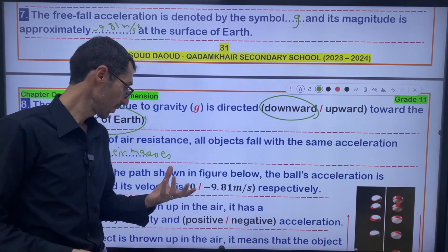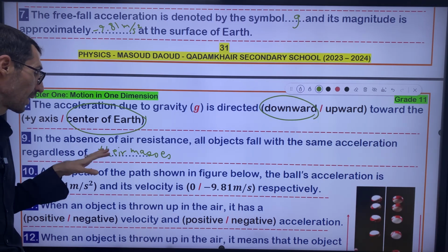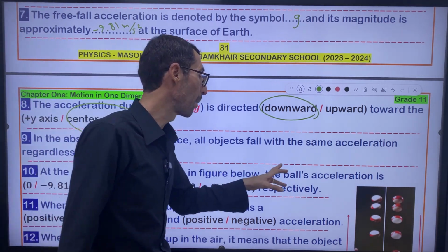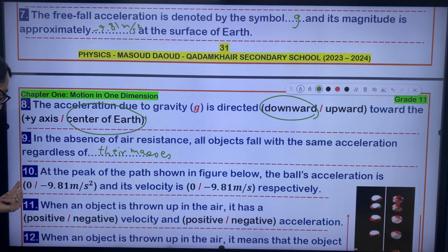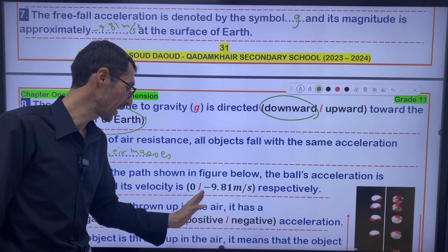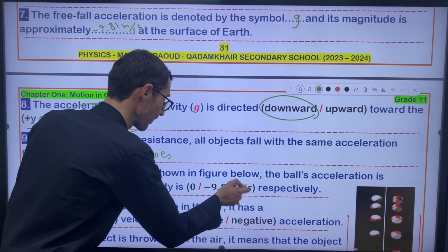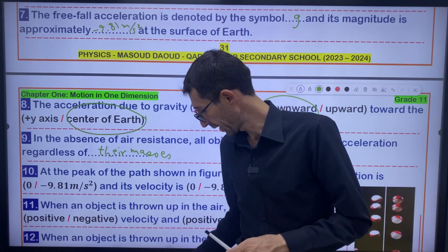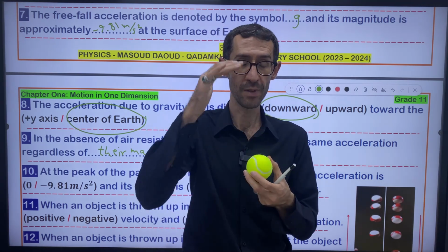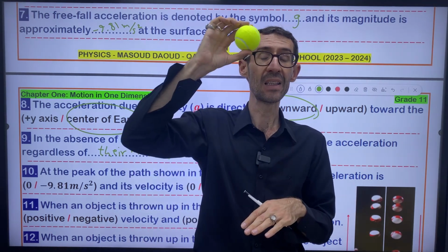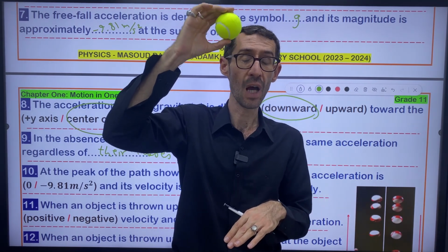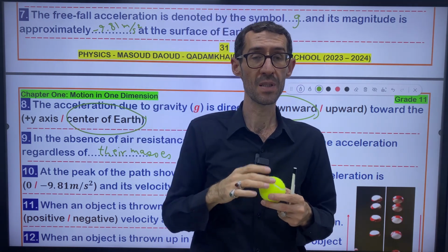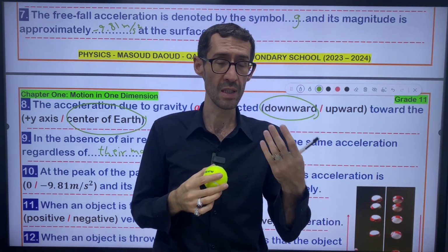At the peak of the path, the ball's acceleration is either 0 or negative 9.81 meters per second squared, and its velocity is 0 or negative 9.81 meters per second, respectively. Whenever you do this experiment, the object stops for a while at the very top of the path. The ball stops its motion.